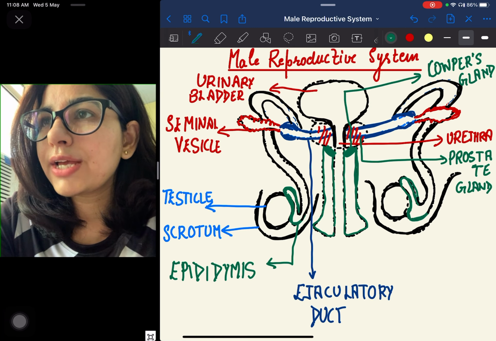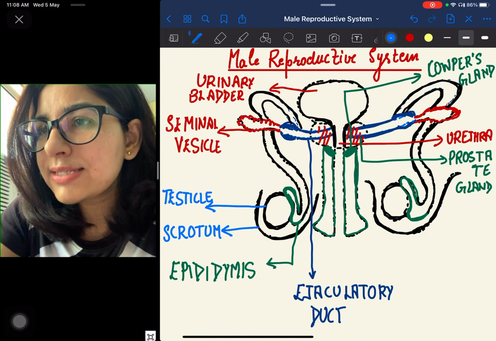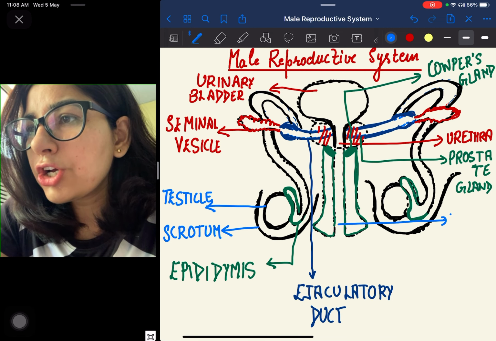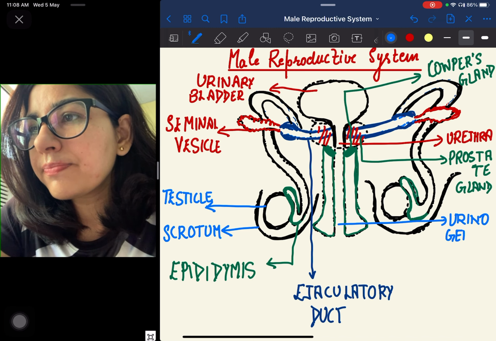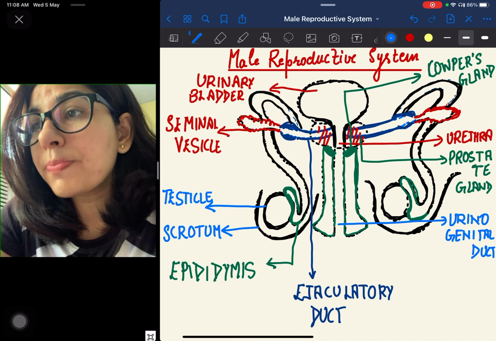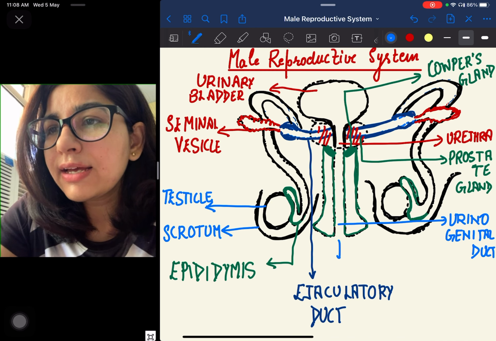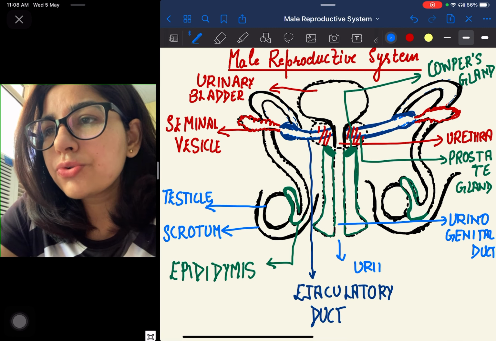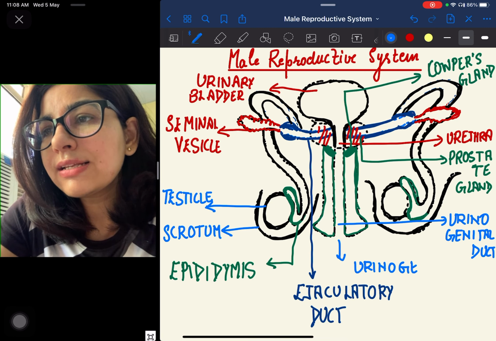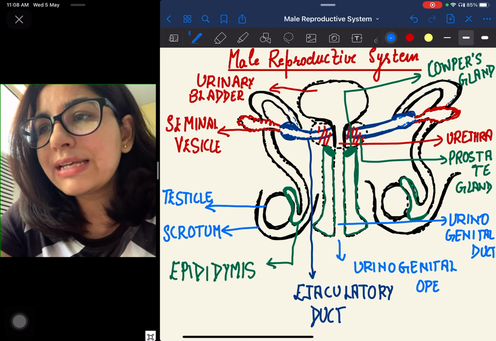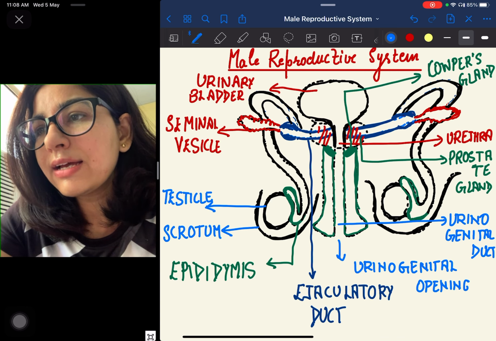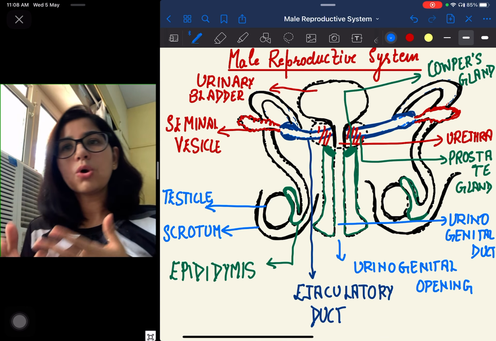So we are going to label this. और इसकी जो ओपनिंग होगी जहां पे ये खुलती है, this is known as urinogenital opening, right? तो जो रास्ता है उसको डक्ट बोल दिया है हमने, और जहां पे आके ये रिलीज करती है सब everything, that is urinogenital opening.